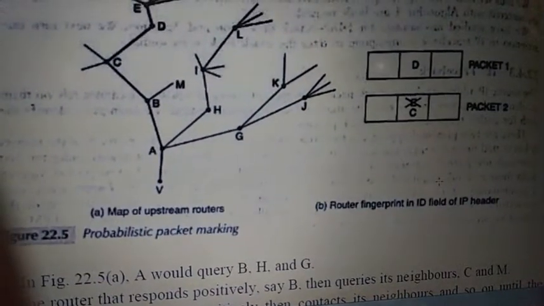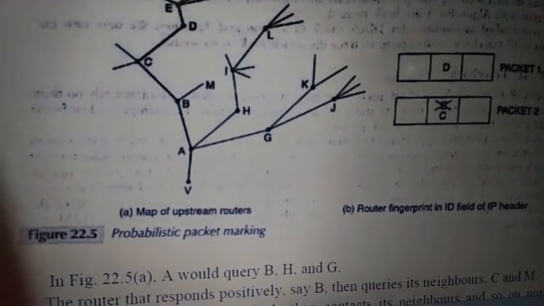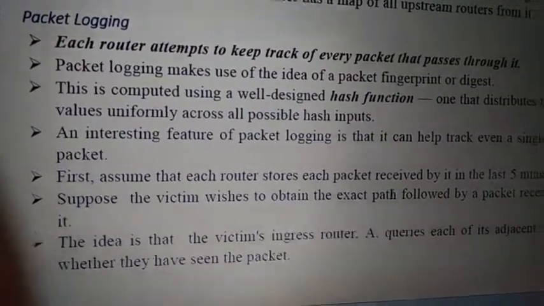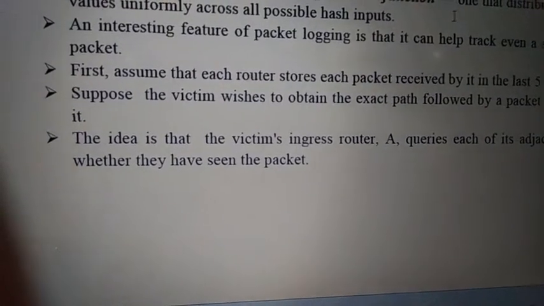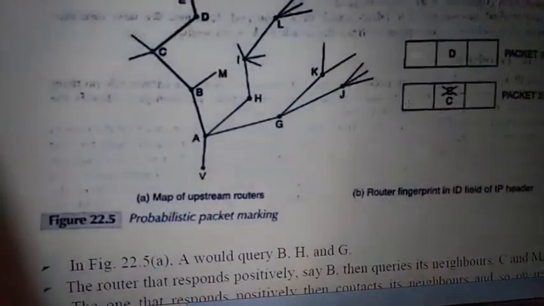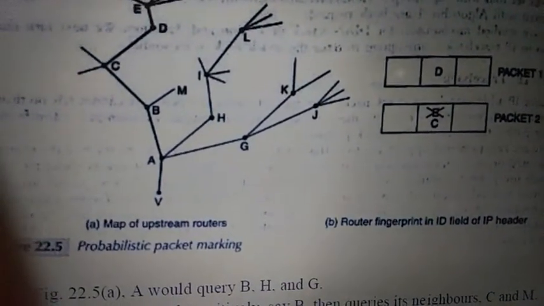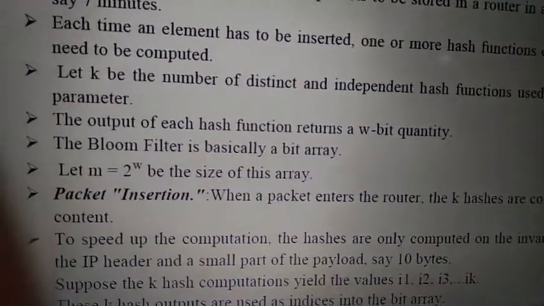Similarly, it can maintain the router fingerprint in the ID field of the IP header. Another approach is packet logging, which is through a fingerprint or message digest. We call it a hash function: by calculating the hash function at each router, we get the router fingerprint in the ID, so the details of which routers were visited are maintained.